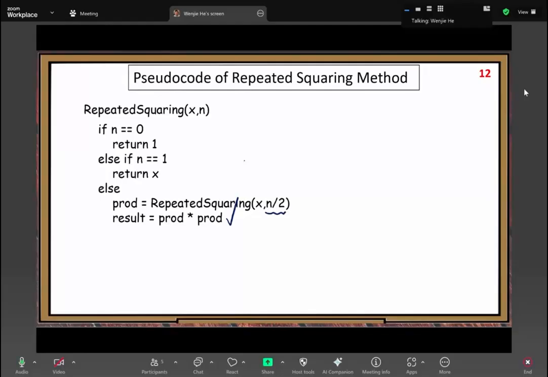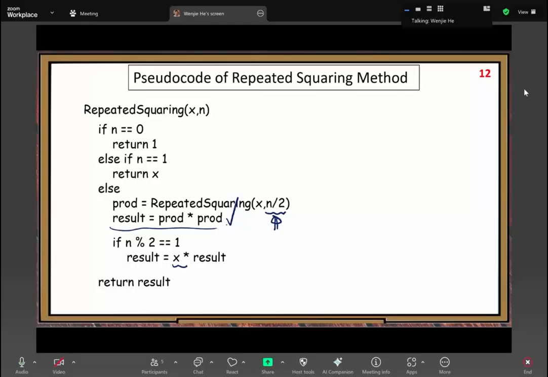So let's check it: n mod 2, if it equals 1, an odd integer, then we multiply our result by an extra x, because we truncated it when we did the recursive call. So now we add it back. If it's even, we do nothing; this number is already a good one. Then, at the end, we return the final result.